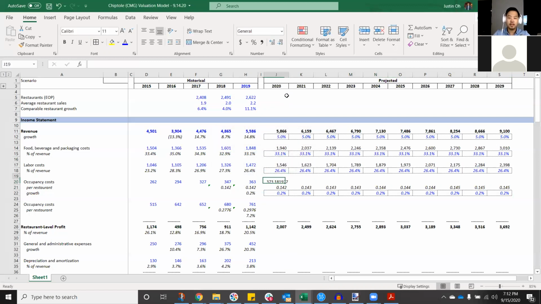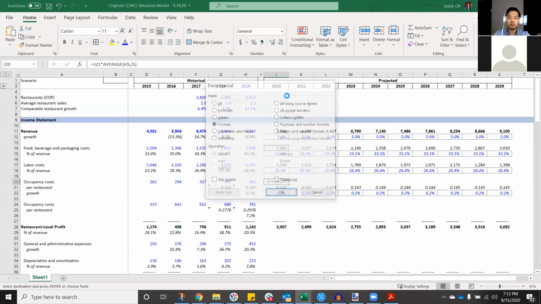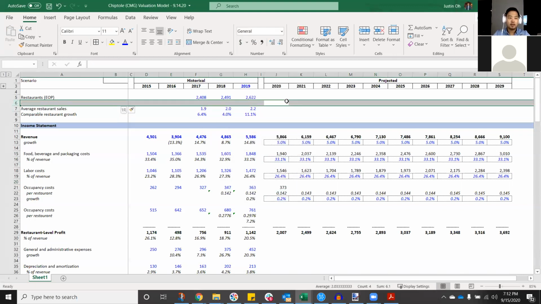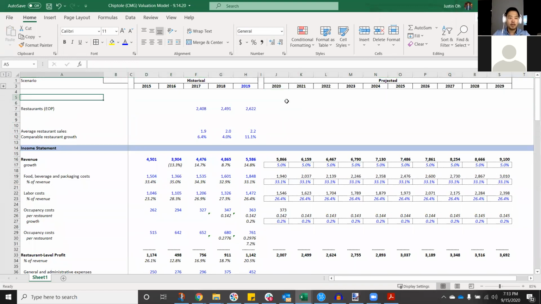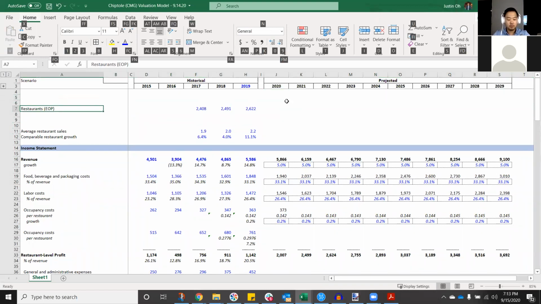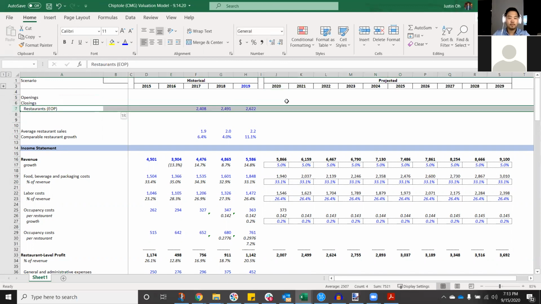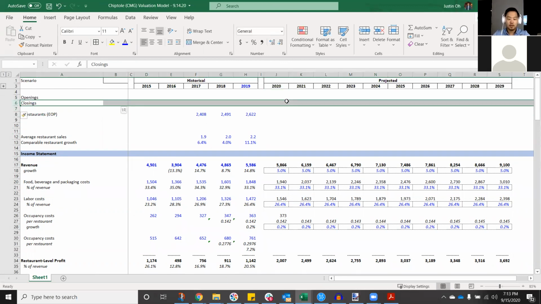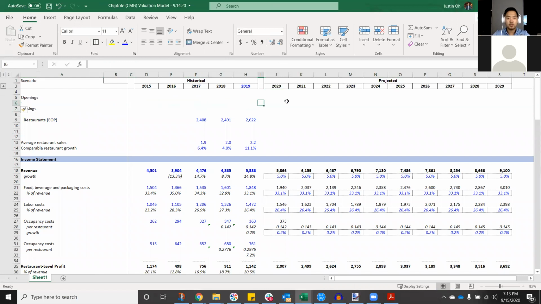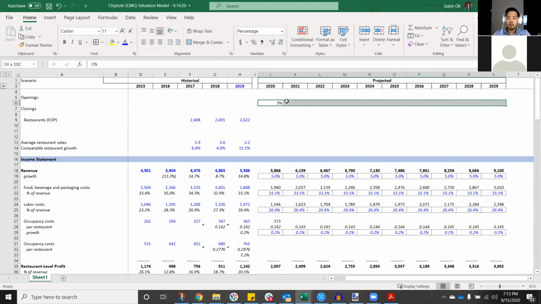So that kind of leads me back to here. I missed this. We should have started here. But let's just say end of period. So we've got to go openings, closings. And let's just say they grow store counts by 3% a year, just a dummy number.